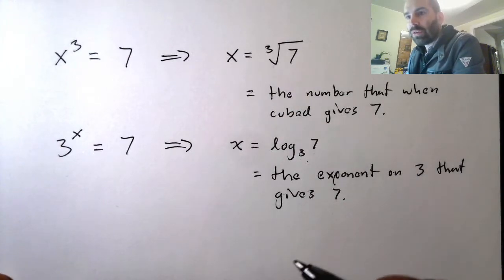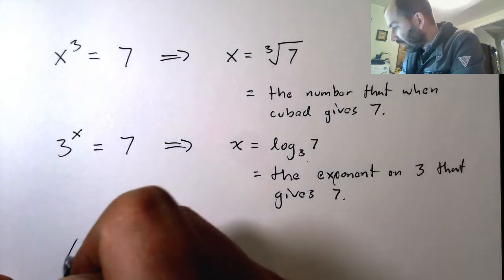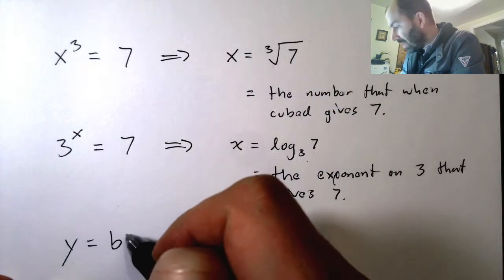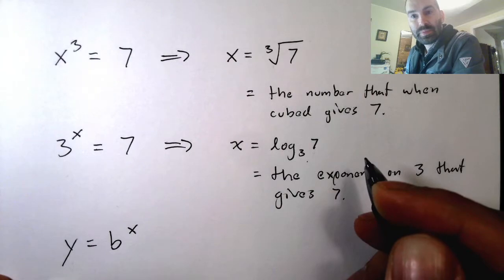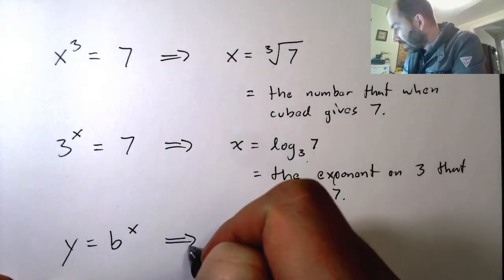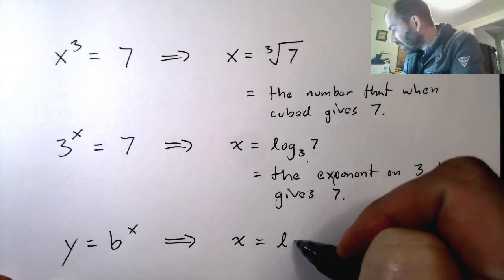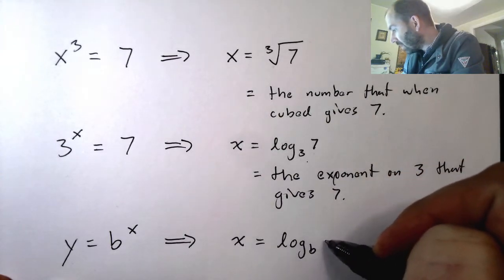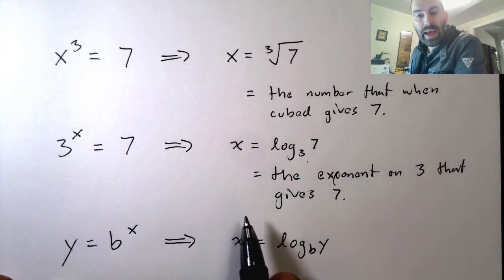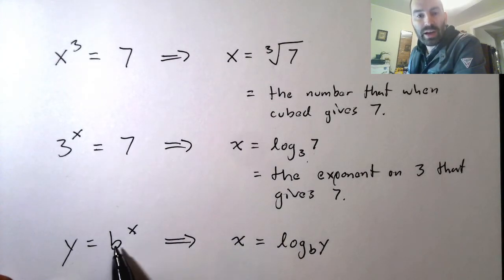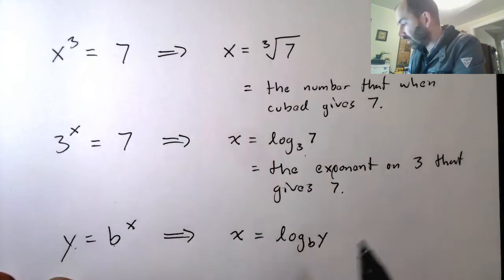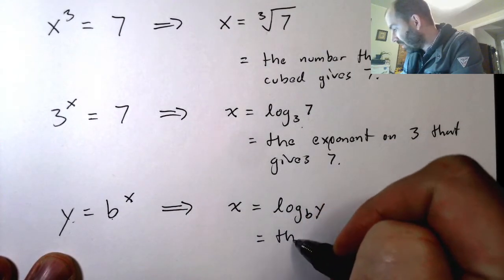So how do we write this in general? Well, if I tell you that y equals b to the x, then if I wanted to solve this for x, I would write x equals log base b of y. x is the exponent on b that gives y.